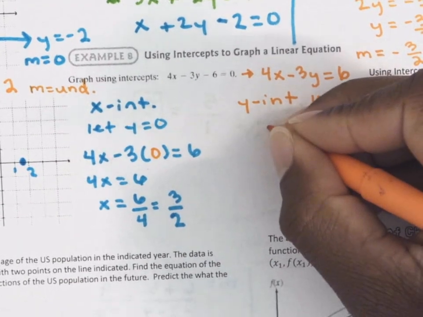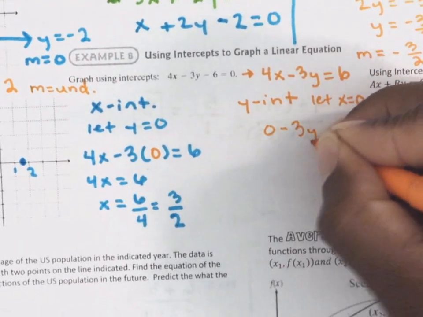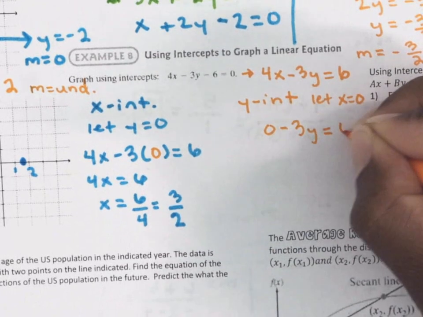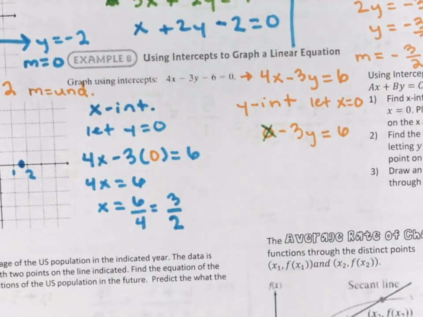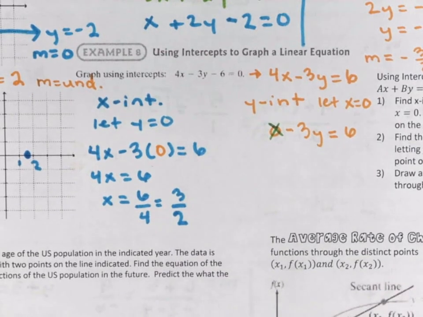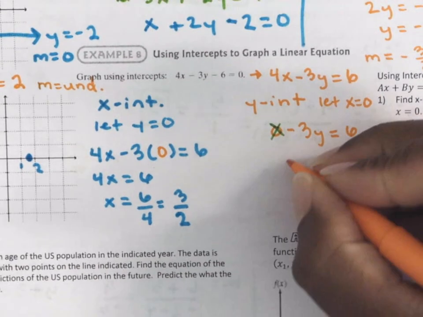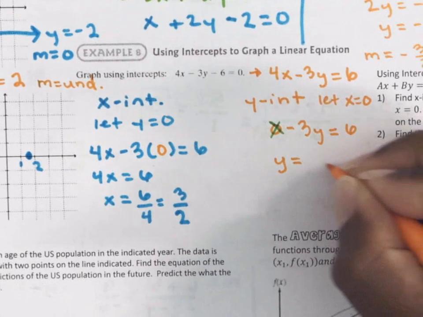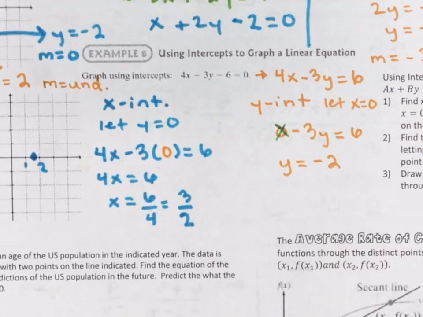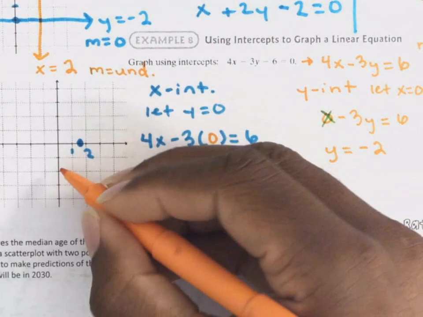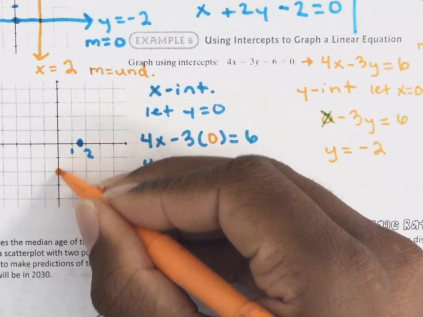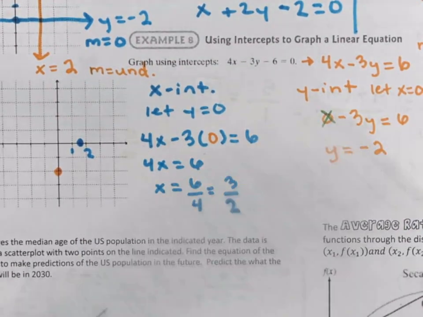I'll write it so it doesn't look like magic, but I'll go straight to here. Honestly, you don't need that. So then I just divide both sides by what? -3, and I get y equals -2. It's my y-intercept. Got my 2 points.